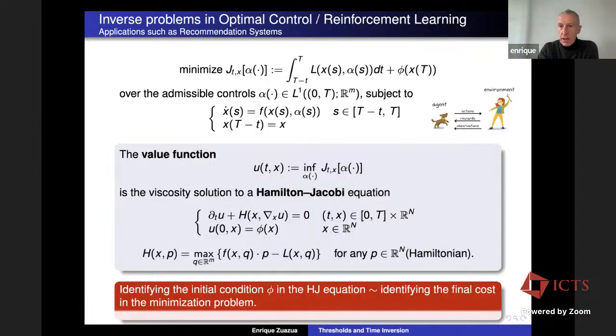And if you formulate that, you see that this is precisely about identifying the initial datum for a Hamilton-Jacobi equation, right, out of the solution at the final time.